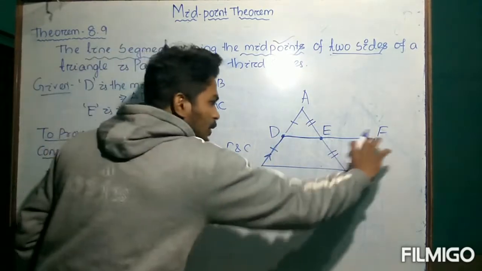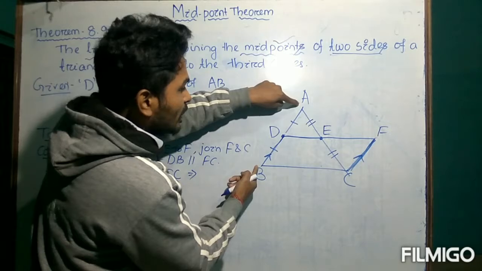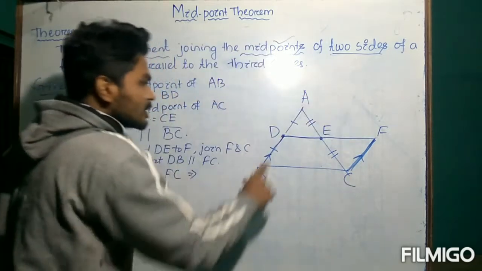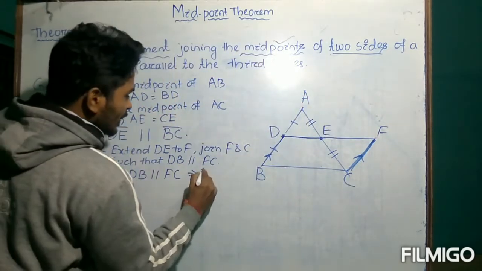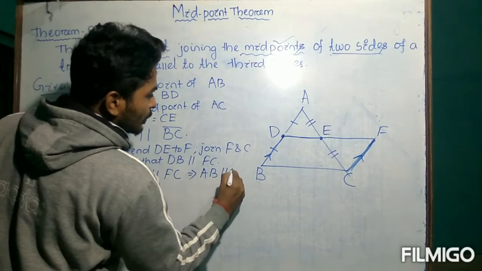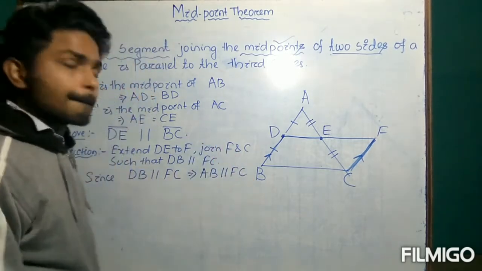Since DB is parallel to FC, we can write this total length AB must be parallel to FC because DB is a part of AB. So we can easily write AB is parallel to FC.